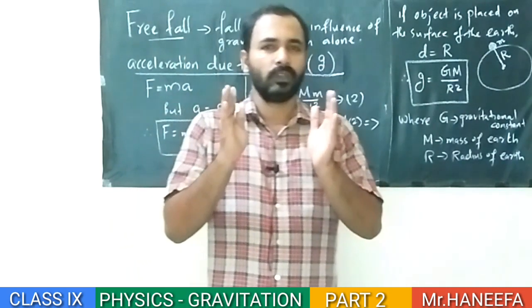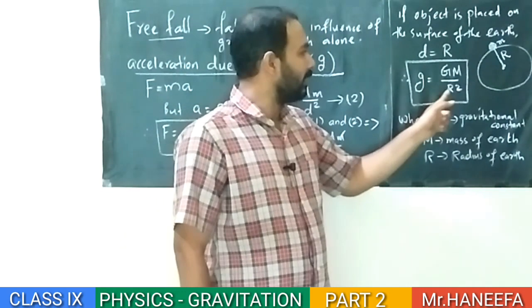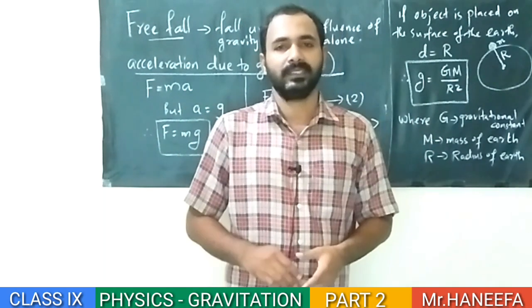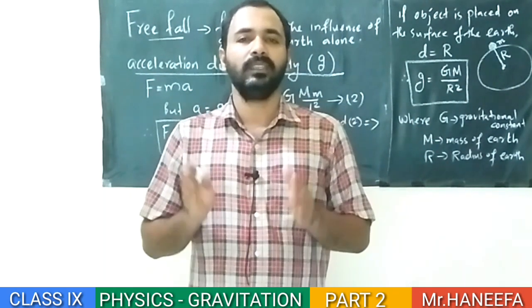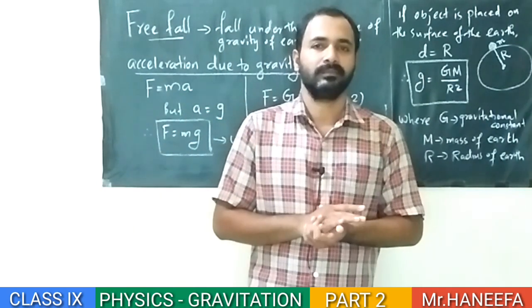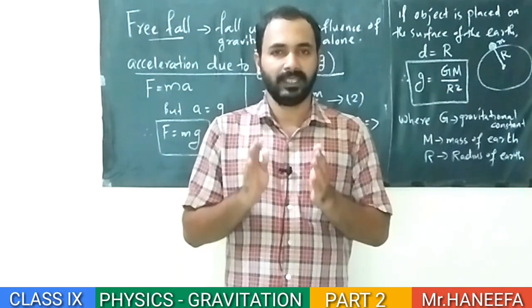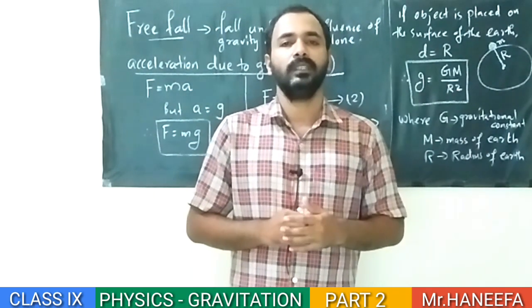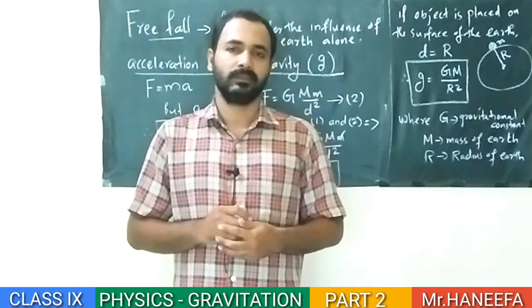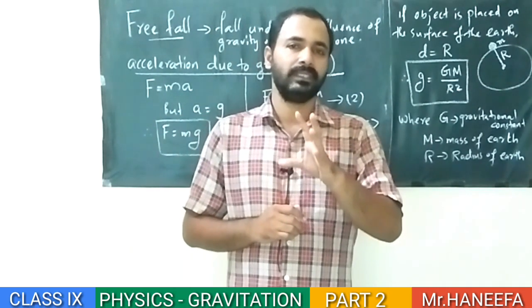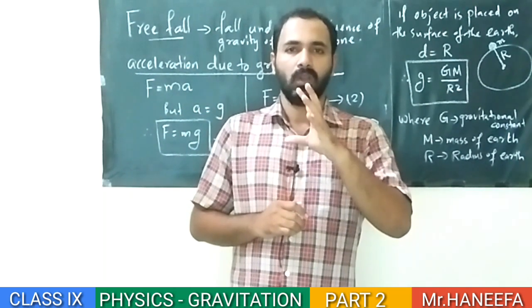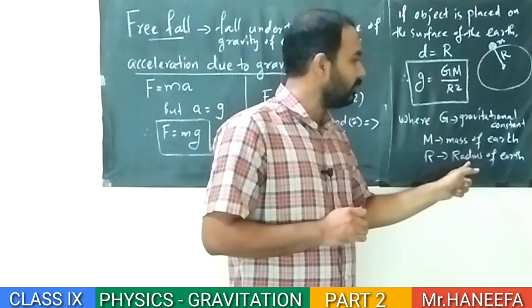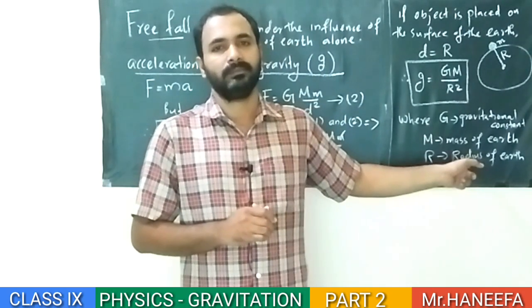Okay, so from this equation it is clear that acceleration due to gravity is independent of the mass of the object. What? Acceleration due to gravity is independent of the mass of the object. Acceleration due to gravity depends on the mass of the earth and radius of the earth.